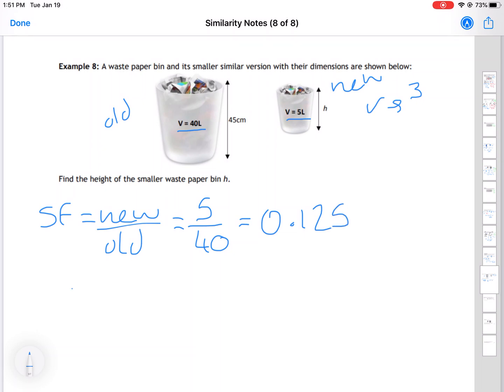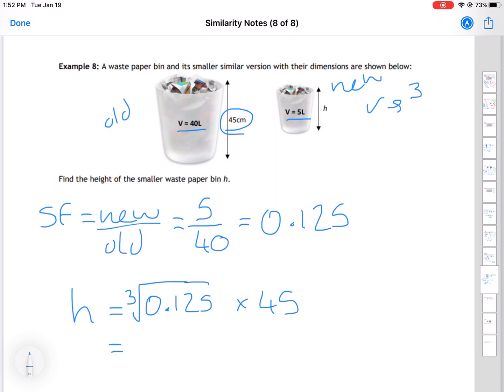And in order to find the height, it's an h this time we're using, it is the cube root. So the opposite of cubing is to go for the cube root. And it's a cube root of 0.125. We times that by the height of the larger one, which is 45.